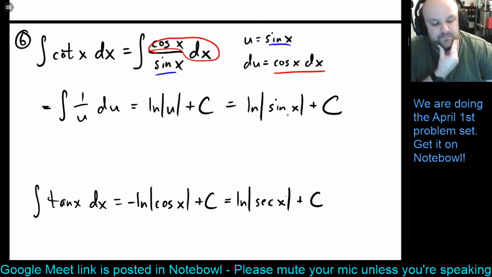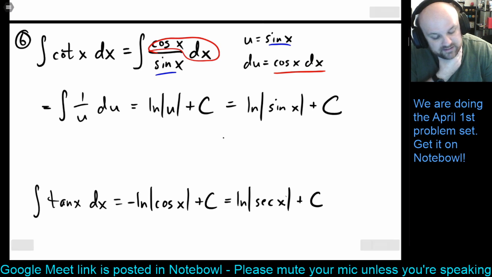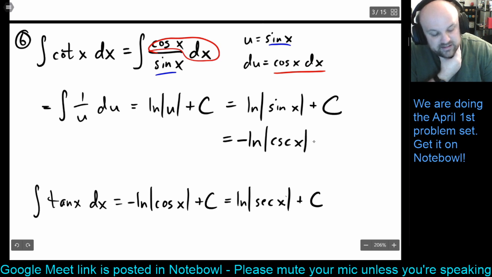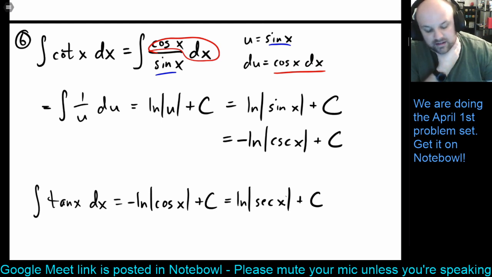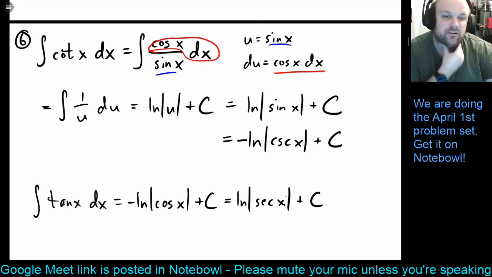Over here, even though this is the prettier form of the answer, you'll often see people write a negative out here and then change this to cosecant on the inside. Because we're putting a negative out here and then adding an extra negative power on the inside. The reason that's done is trig functions and their cofunctions.